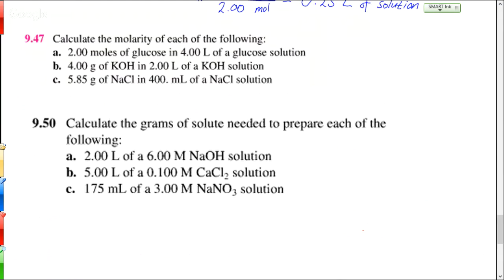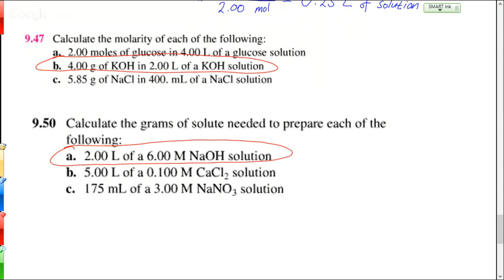All right, so for this one, let's just do B and A. So see if you can figure out first what would be the molarity of 4 grams of potassium hydroxide in 2 liters of solution.